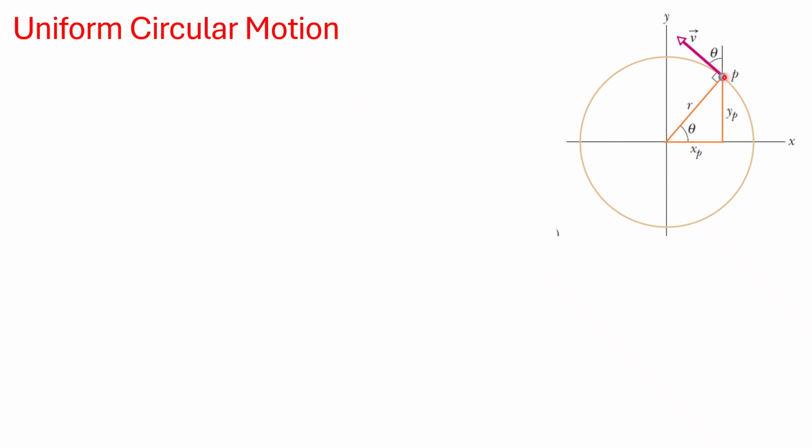This point P is at distance r from the center of the circle. If you draw a line from the center to point P, of length r, it makes an angle theta with the x-axis, usual circular geometry.